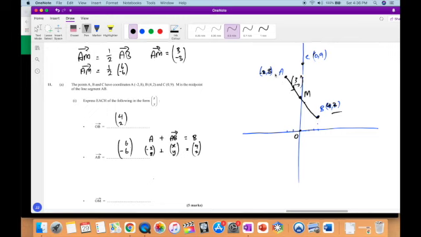So I could come on the graph and say, well, alright, if I, from the point A, I'm moving 3 spaces, 1, 2, 3, so that'll give me 1 on the x-axis. And then negative 3, so 8 minus 3 will give me 5 on the y-axis.